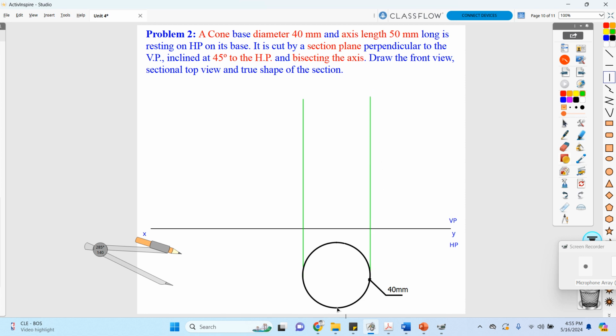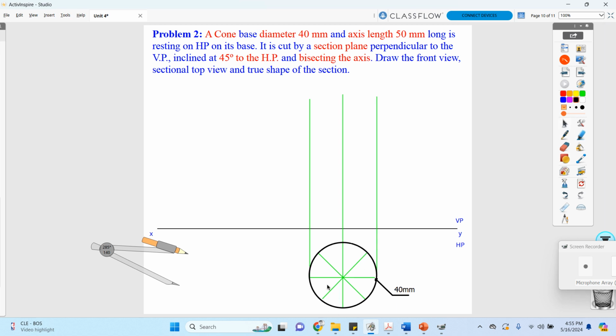From the center I am going to take my third one, and this is my fourth one, and this is my fifth one, and this is my sixth one. So we have divided our circle into 8 equal parts.